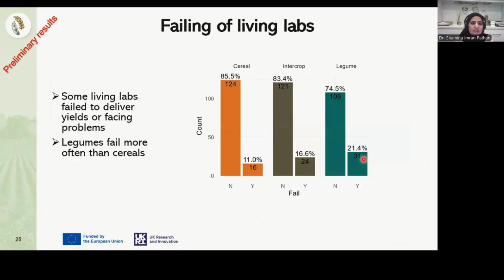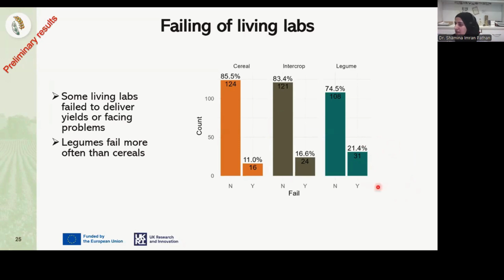Then we collected the data from these trials and checked different aspects. Obviously, not all the trials were successful. Some of the trials failed, and there are many reasons. But what we found is that compared to the cereals, we have more failures in the legume crops.